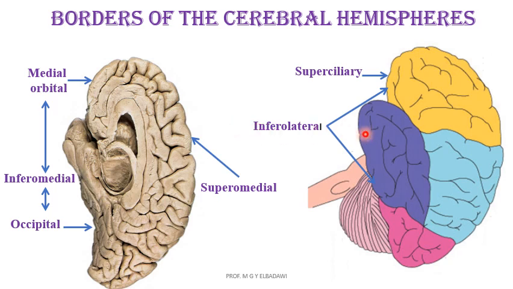The inferior-lateral border, its anterior part is usually named the superciliary border, while the infero-medial border, its anterior part is usually named the medial orbital border, while its posterior part will be named the occipital border.